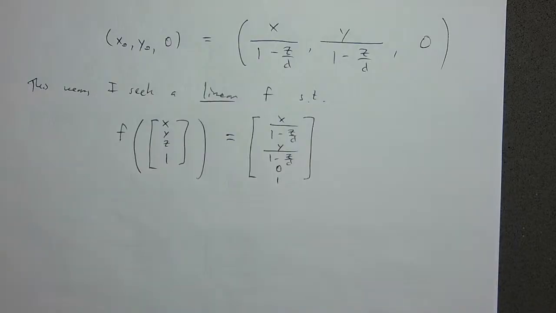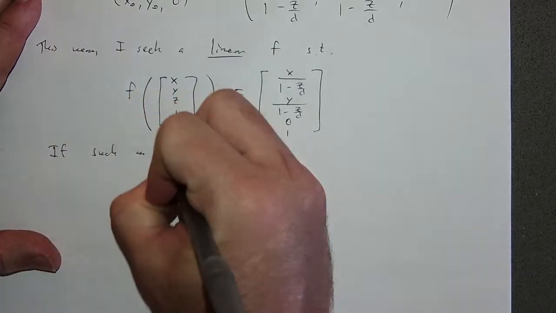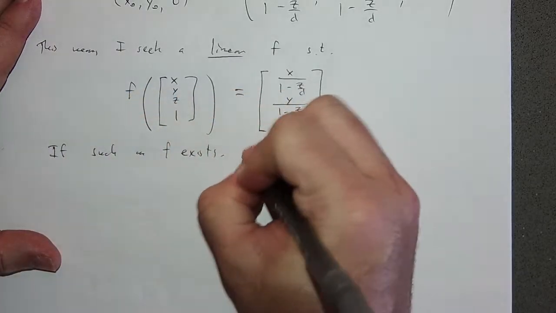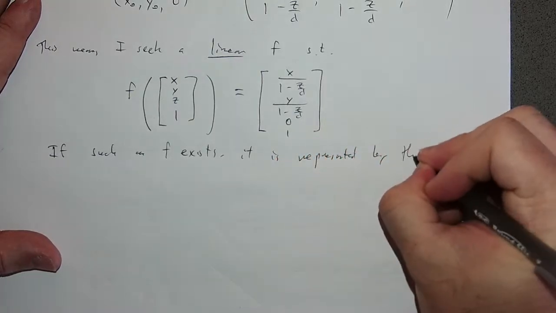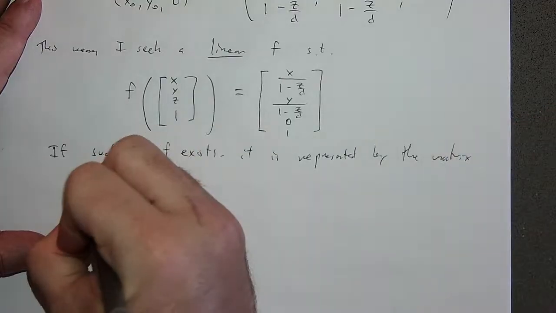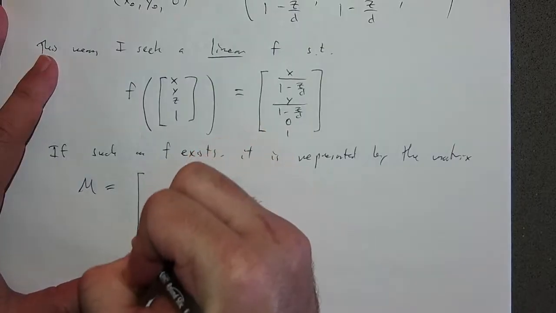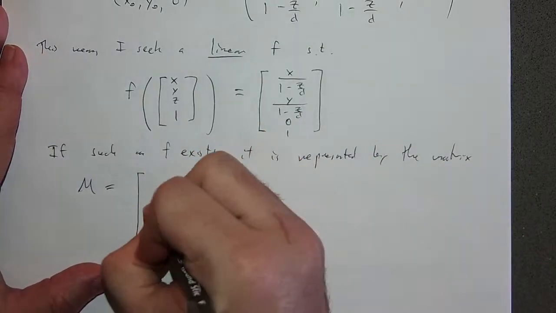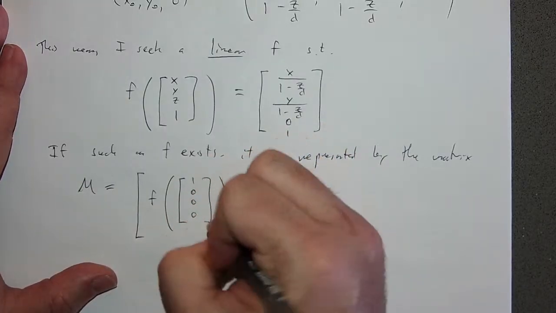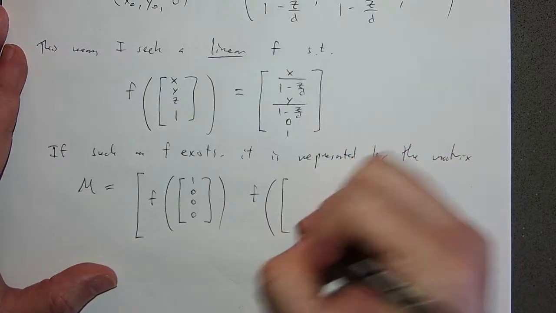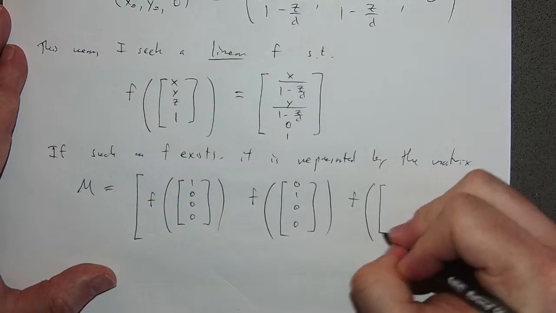Right? If such an f exists, it has to be represented by the matrix, we'll say M. We were calling it A a lot before. That is, the columns of this matrix are simply what f does to the relevant standard basis vectors, right? So here's what the columns of this matrix would look like.